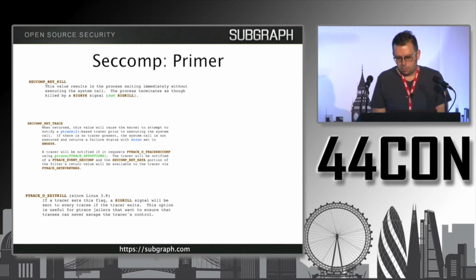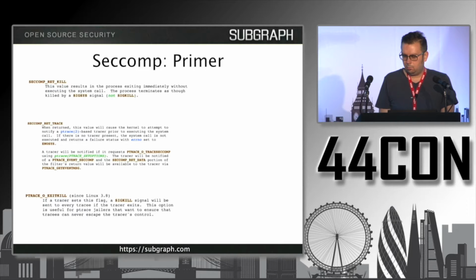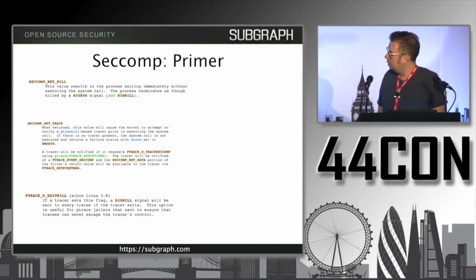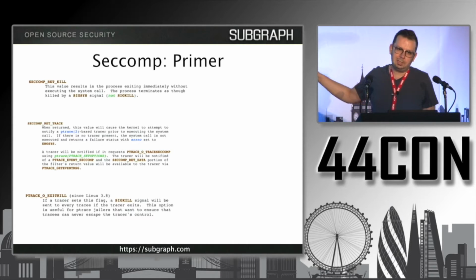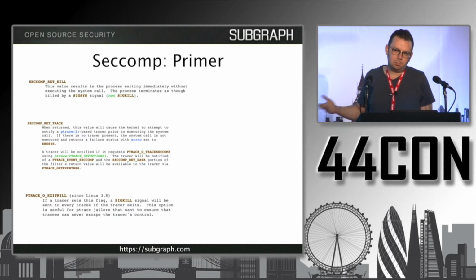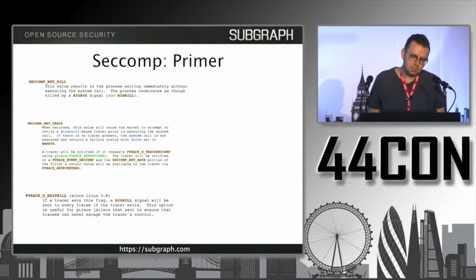So a quick primer on seccomp and seccomp BPF. When a match is made by the BPF policy filter evaluator, you can do these things. You can just tell the kernel to kill the process. You can tell the kernel to notify an attached tracer. That's how our profiler works, by the way. It uses ptrace.